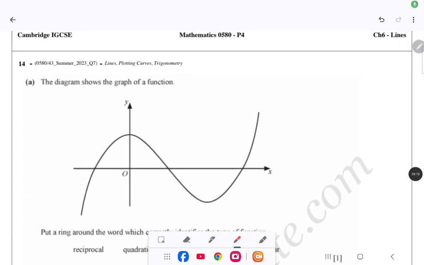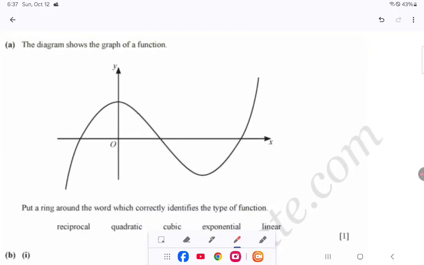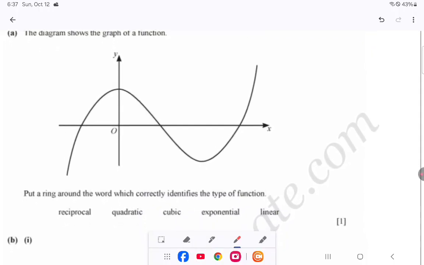So in part A of 14, a graph is given, and it says to put a ring around the word which correctly identifies the type of function. So the function is cubic because the line is intersecting the x-axis 3 times.